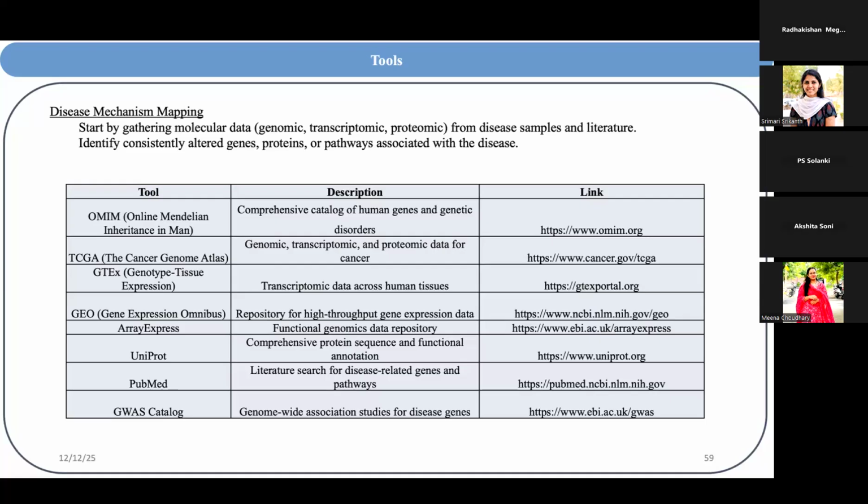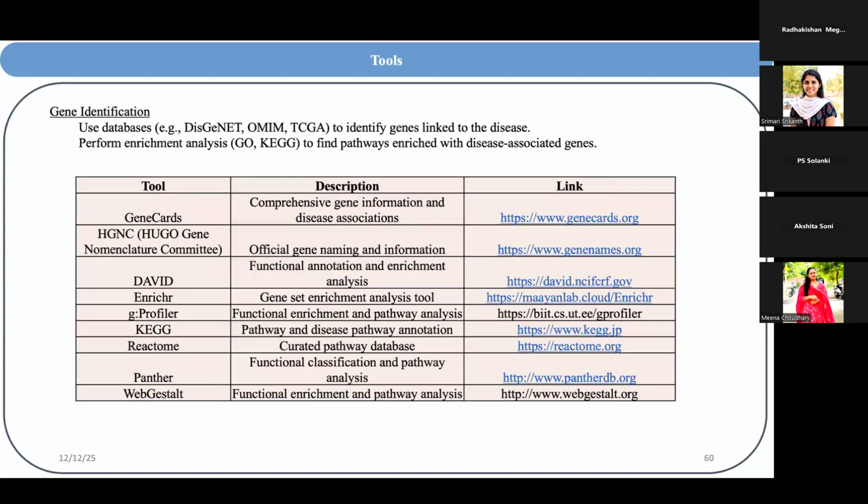It also has information about the structure and function. And also we use literature and pathway context. For literature, we use PubMed to search for the published literature on the genes and proteins. And the next one is the gene identification.